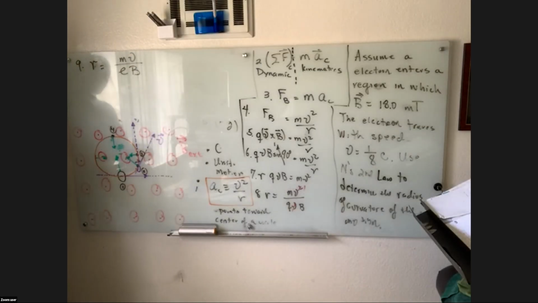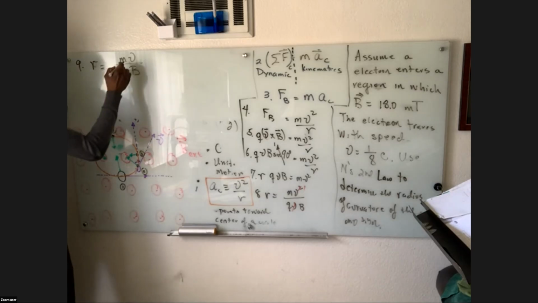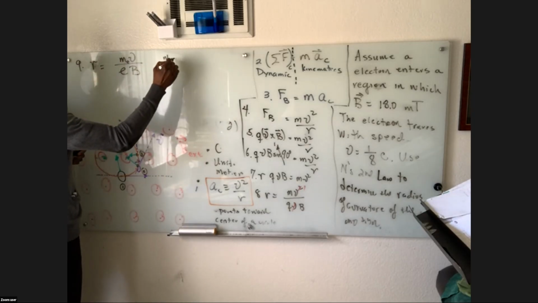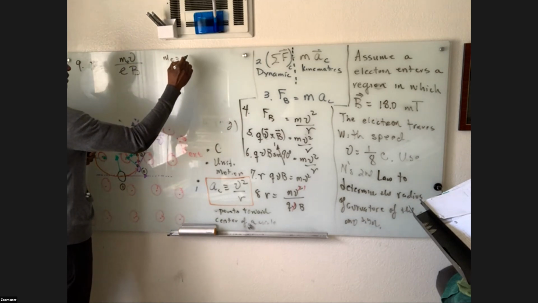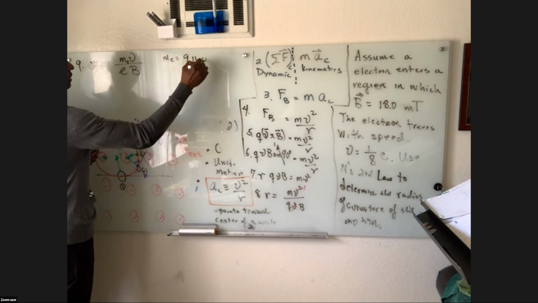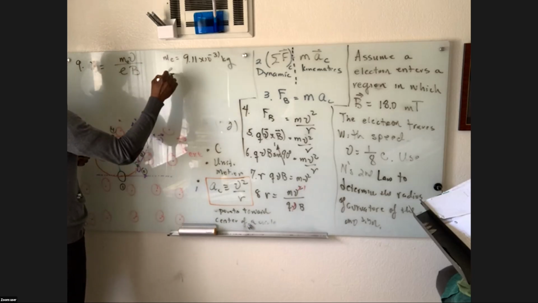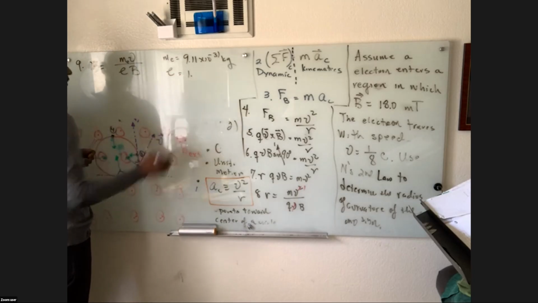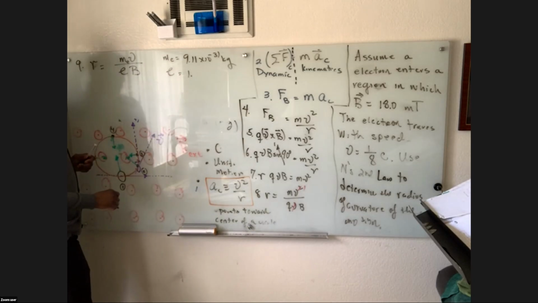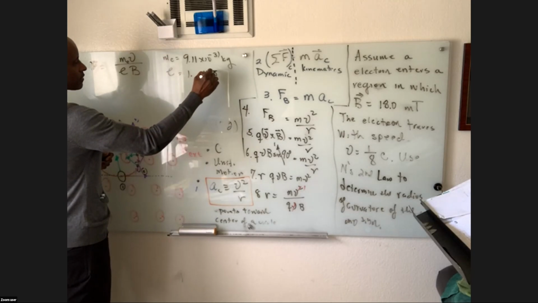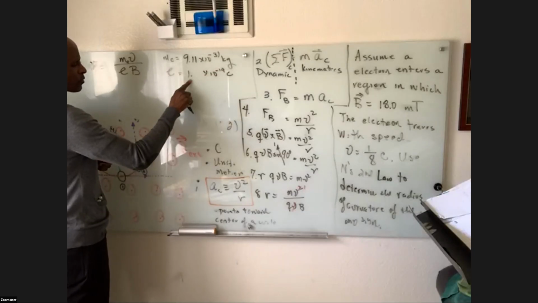Everything is known. I have the mass of an electron, m_e equals 9.11 times 10 to the negative 31 kilograms. The elemental unit of charge is, oh my gosh, embarrassing, 1 point what?